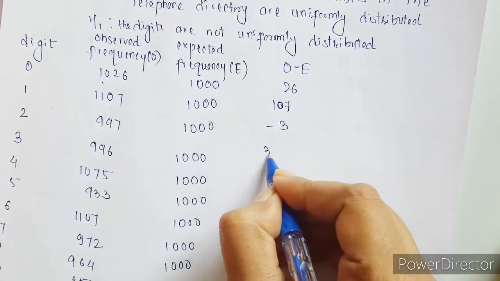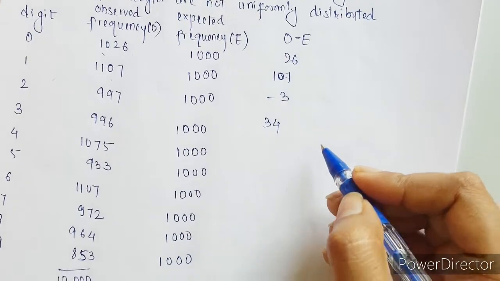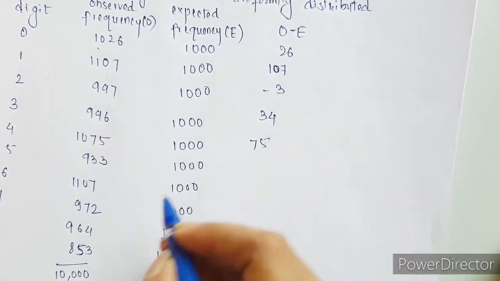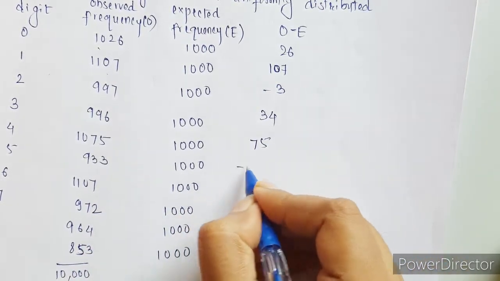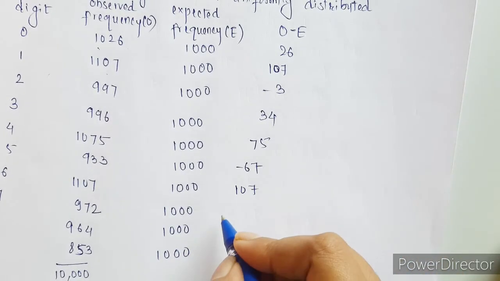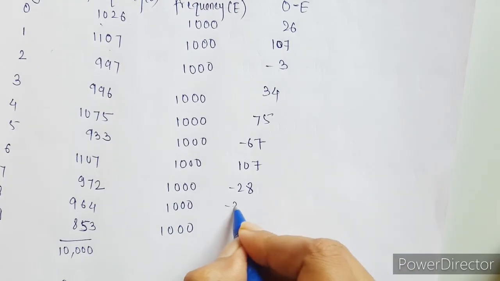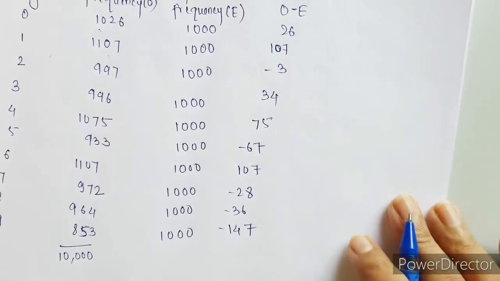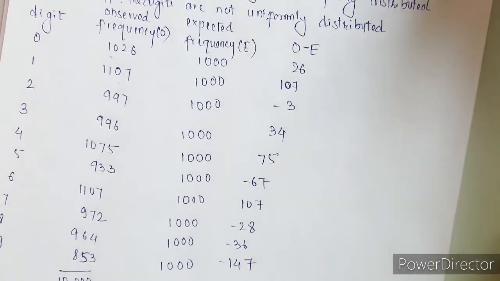Then 996 minus 1000, that is minus 4. Next is 75. Then 933 minus 1000, minus 67. This will be 107. Next is minus 28, then minus 36, and last one is minus 147. So we got observed frequency minus expected frequency.